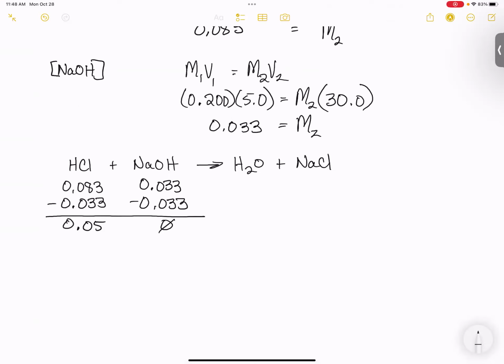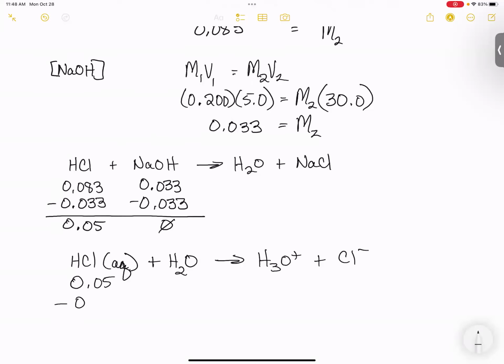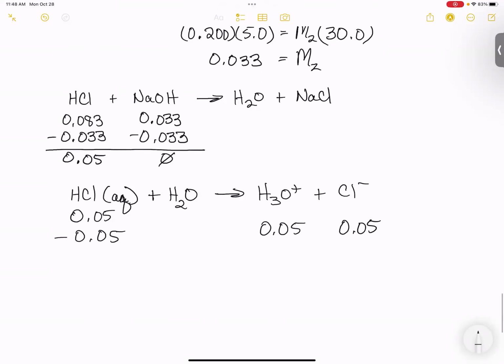So when we take our HCl, again, don't forget this is all occurring in water. So HCl reacts in the water to make hydronium plus Cl minus. If you start out with 0.05 molar of that, you're going to lose all 0.05 molar in the formation of 0.05 of the hydronium and 0.05 of the chloride.